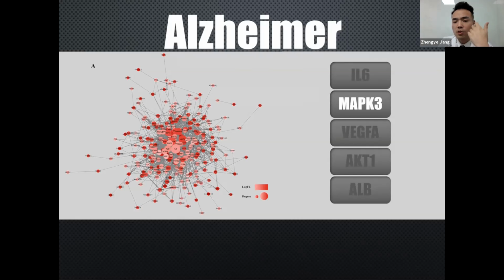MAPK3 may serve as the intracellular mediator that triggers the expansion of the cumulus cell-oocyte complex, named COC, as well as the maturation of the oocytes.